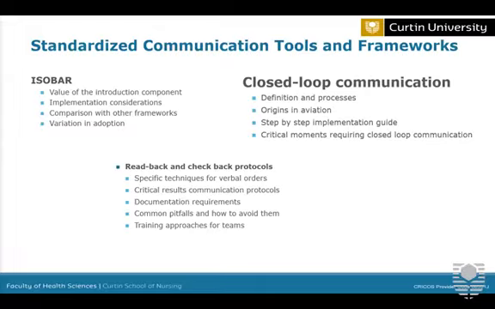And there are critical moments when you're going to be using closed-loop communication. So the read-back, check-back protocols, these are really useful in terms of when we're doing patient instruction or we're not sure if we've actually been clear in our process, and we use that check-back process in our read-back process and check-back protocol in our ISBAR as well. So that's just to assure that we're actually being very clear on what is required.